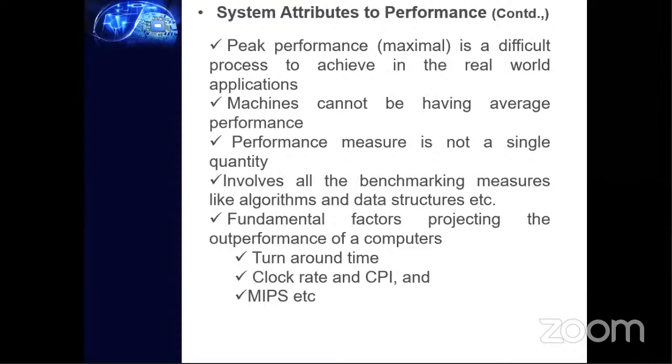These are some of the factors that we are going to discuss in the forthcoming sessions. In the next session, first we will see what turnaround time is, what clock rate is, and what CPI is. We'll see these fundamental factors in detail in the next session.